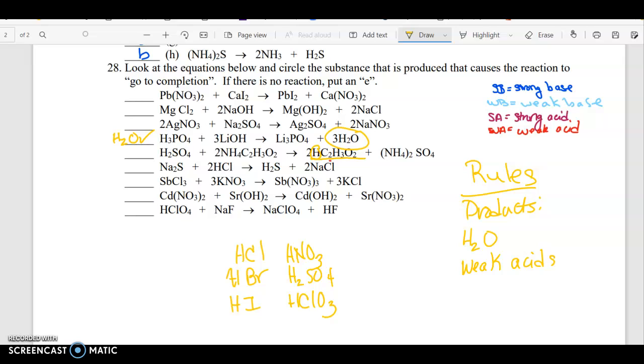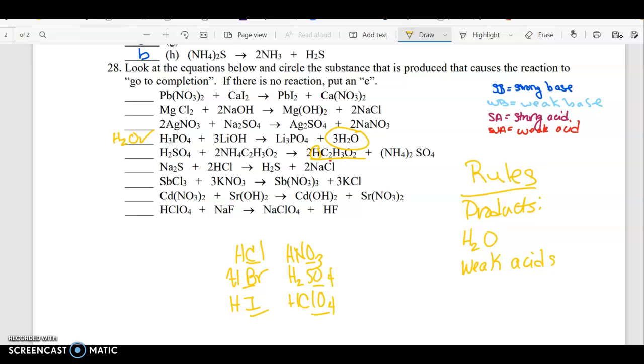Some textbooks actually count HClO3. I accidentally wrote it. Not all of them do. Right. So we have perchloric, sulfuric, nitric, hydrochloric, hydrobromic, hydroiodic. These are the classic strongs. So if you see something that starts with an H and doesn't end with these, you know it's weak.